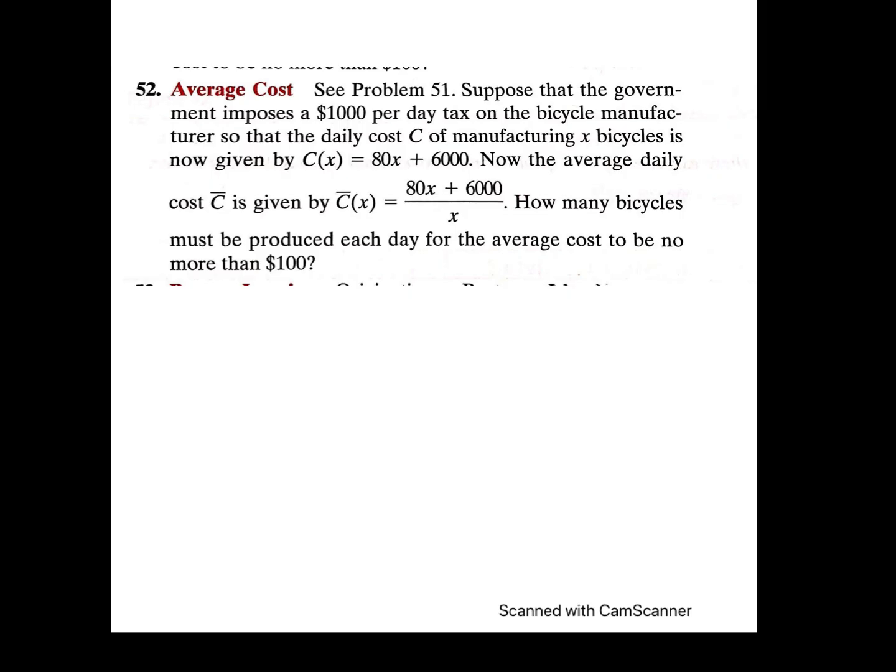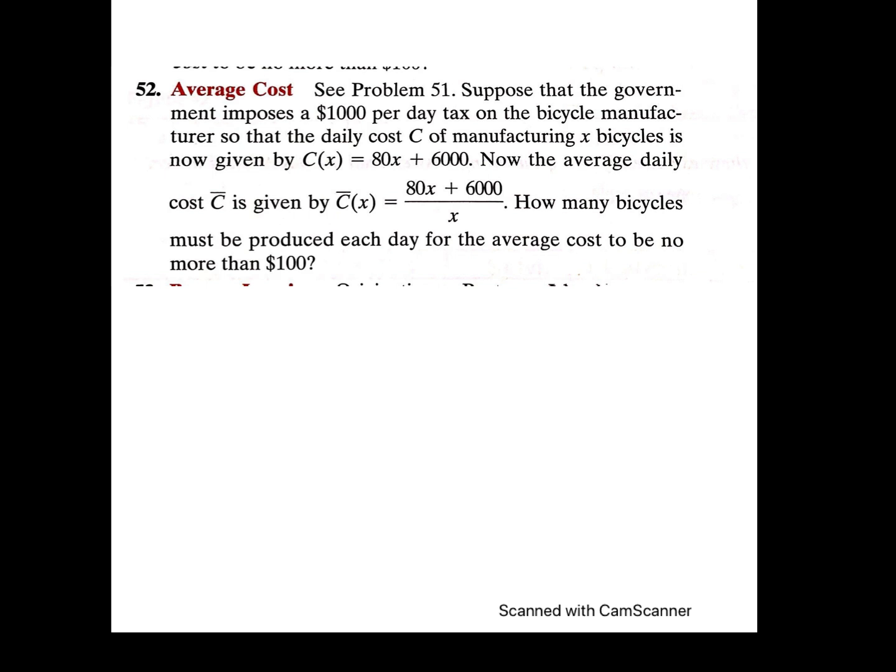So here's a typical rational equation, and then I'm going to turn it into a rational inequality. This problem is a rational inequality. This is a very typical one. It says, suppose that the government imposes a $1,000 per day tax on the bicycle manufacturer so that the daily cost of manufacturing x bicycles is now given by the cost function 80x plus 6,000. Now the average daily cost is given by (80x plus 6,000) divided by x.